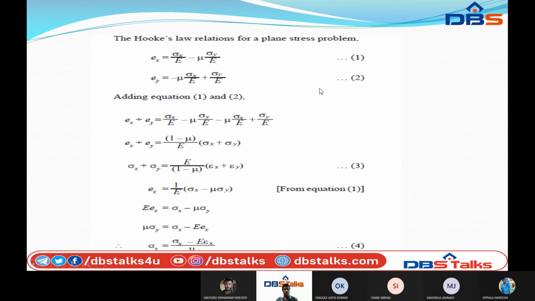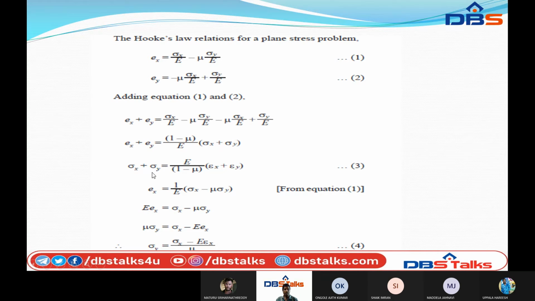Adding both equations, sigma x by E minus mu into sigma y by E, and minus mu into sigma x by E plus sigma y by E. After taking the values, Ex plus Ey equals, taking 1 minus mu as common, (1 minus mu) by E, and the remaining terms will be sigma x plus sigma y.